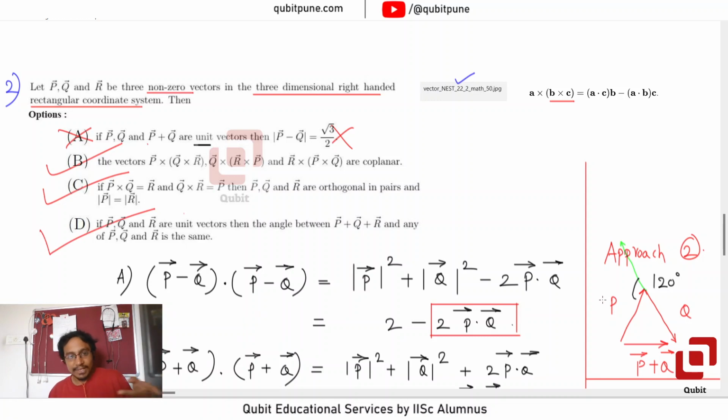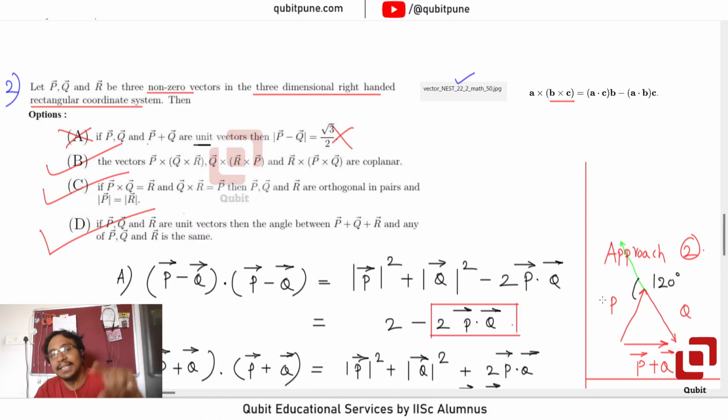One final time I'm asking, is there any doubt in question 2? Because we have been using dot cross a lot, also the vector triple product. If you have, please tell me. Otherwise, we will go to the next question. So could you give a quick summary of what we did in this question? Basically in this question, the given part was a general statement that we have 3 non-zero vectors.